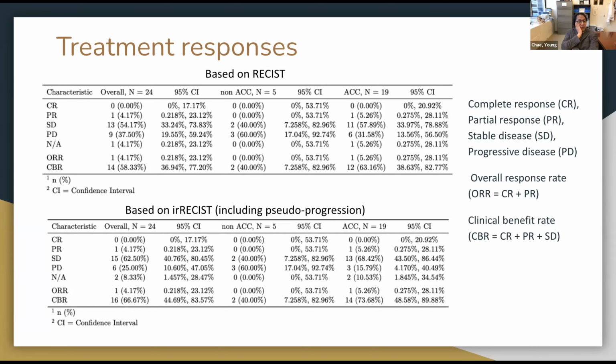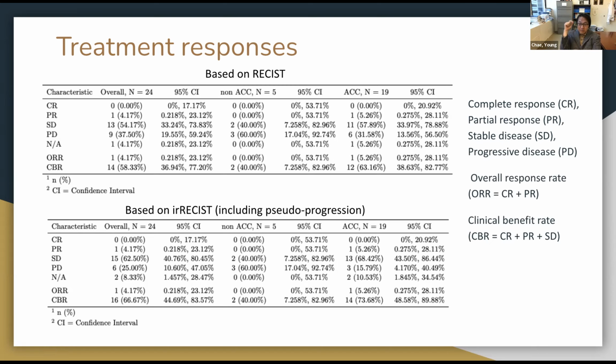See, one progression. So look at the progression number, 9 versus 6, right? I think it would be a great point. Find out who those 3 patients are.